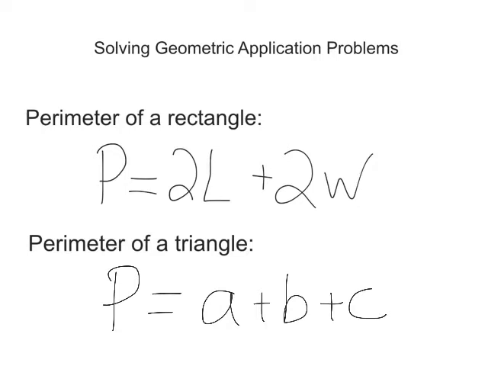Label the parts that you can label, and then go into your formula and write your expression down that relates the variables to each other. Then plug that into this formula that you're given here. Solve for the variable, and then finish the problem, being sure that you are completing it by answering all the questions that you're given.